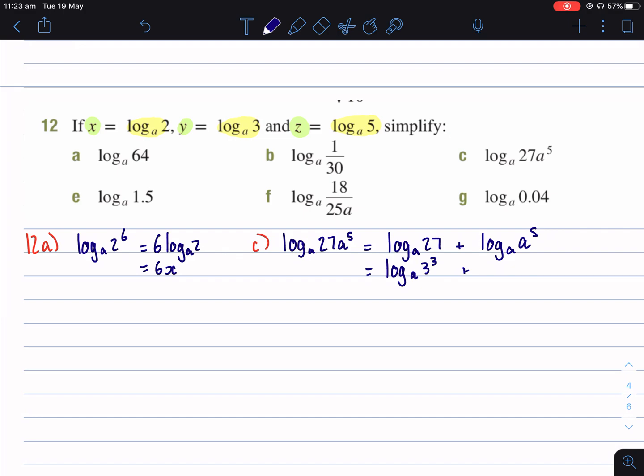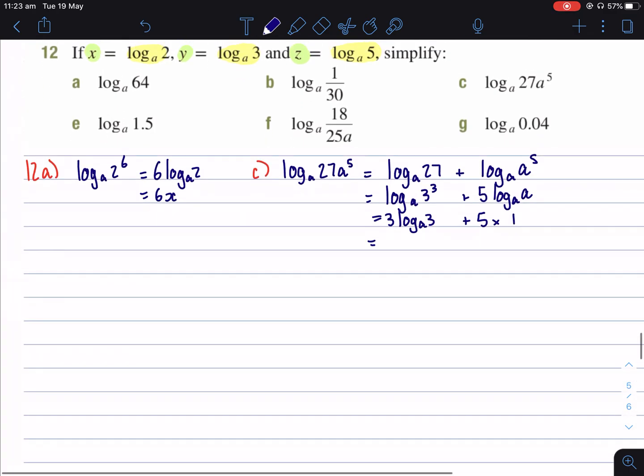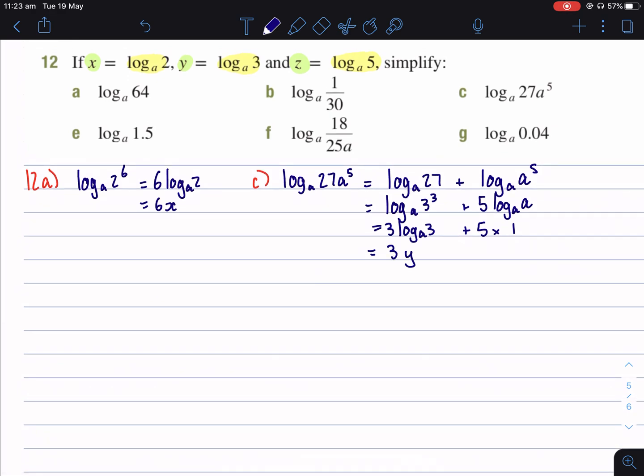Log base A of A to the 5, well, that's the same as 5 log base A of A. This is the same as 3 log base A of 3. And now log base A of A, log base anything of itself is 1. Okay. Log base A of 3 was y, so I've got 3y plus 5 times 1 is 5.